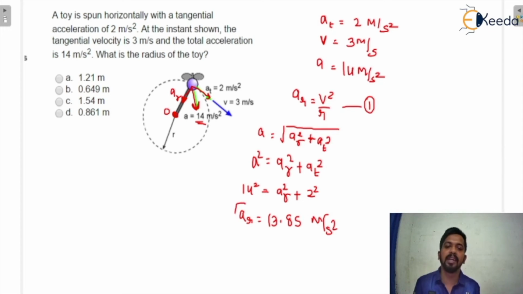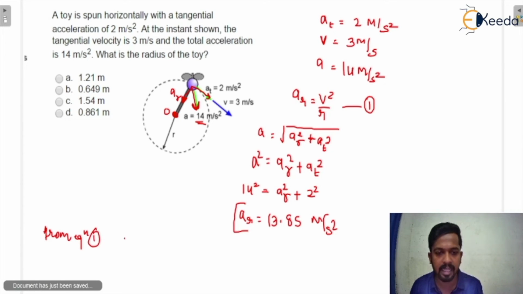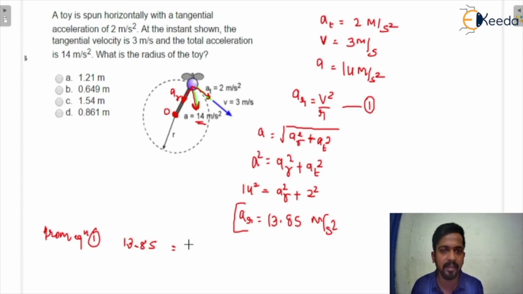Now we have calculated the radial acceleration, and it is easy to find out the radius of the toy by putting this value in equation number 1. From equation 1, we can see that 13.85 is equal to V square upon R, where V is given, 3 meter per second.